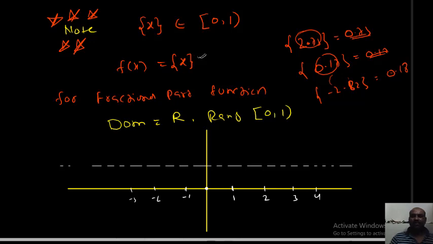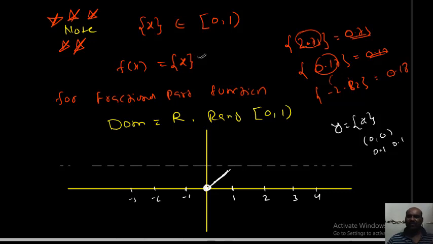We need to prepare ordered pairs. When x is 0, y is also 0. When x is 0.1, y is 0.1, the fractional part of 0.1. Then 0.2, 0.3, 0.4, 0.5, and so on. You get a line segment like this.